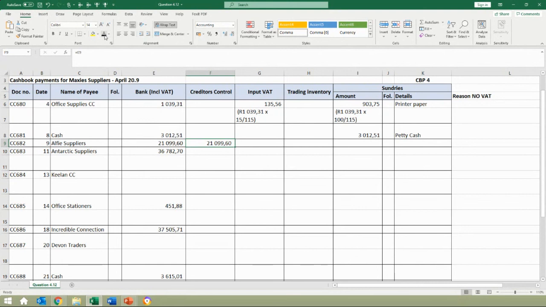If it was periodic, Mapaledi, then we would have taken it to the cost of sales or our purchases account, which is the name in the periodic system. And the sales account we would only do once we sell it. So you don't do cost of sales and sales at the same time unless you are busy with the perpetual inventory system and you sell it.